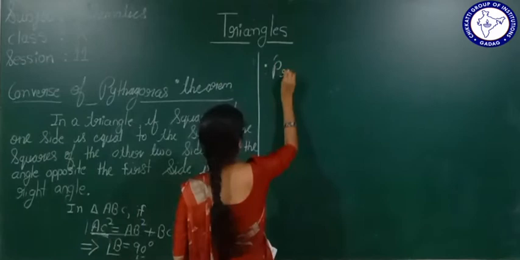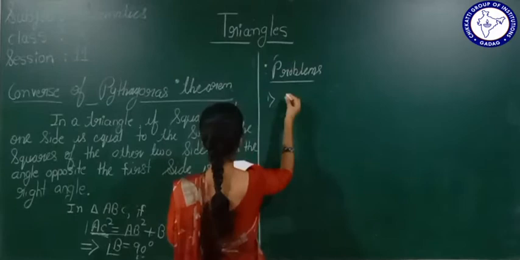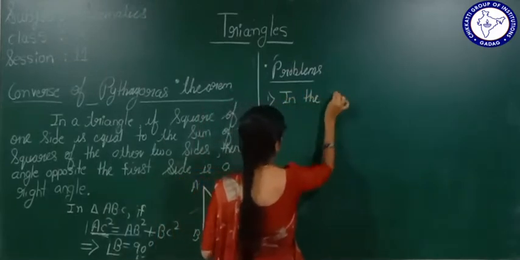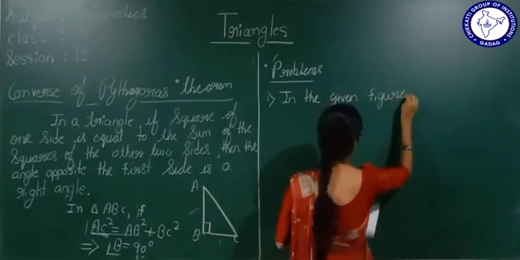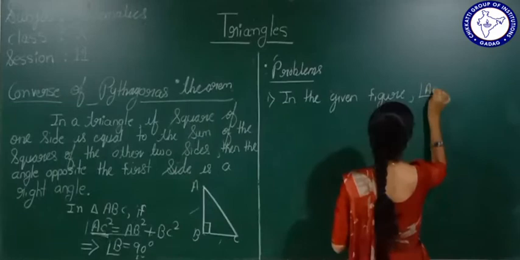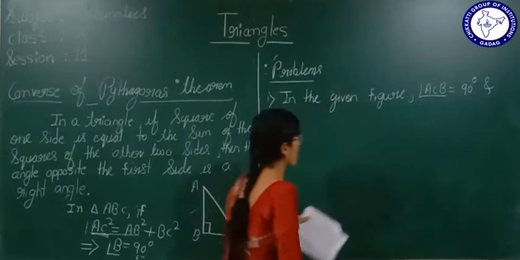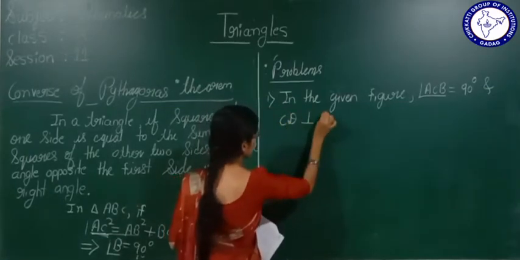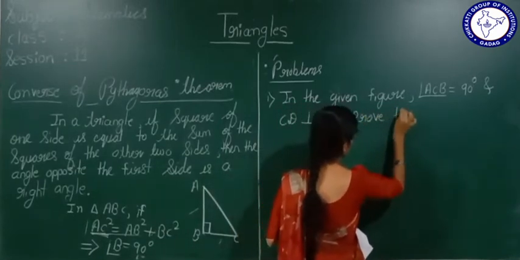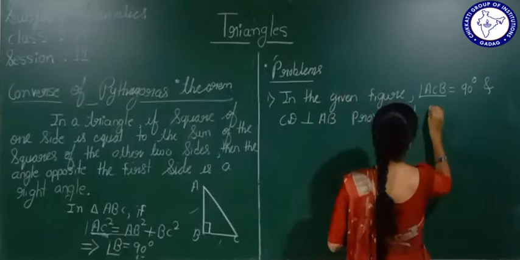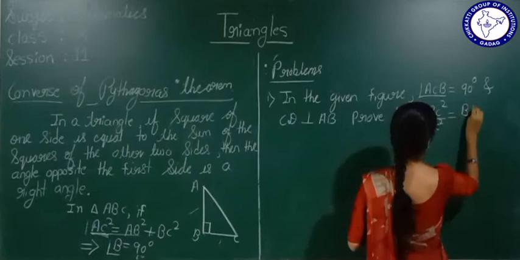See your problem. In the given figure, angle ACB is equal to 90 degrees and CD is perpendicular to AB. Prove that BC square by AC square is equal to BD by AD.